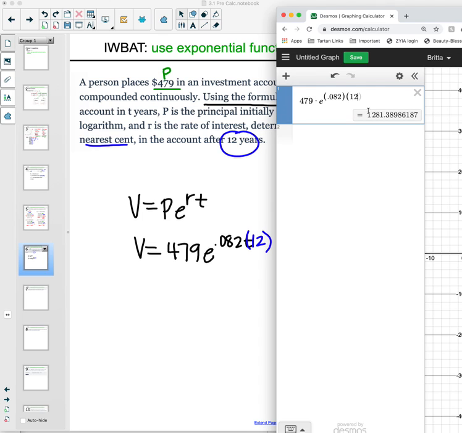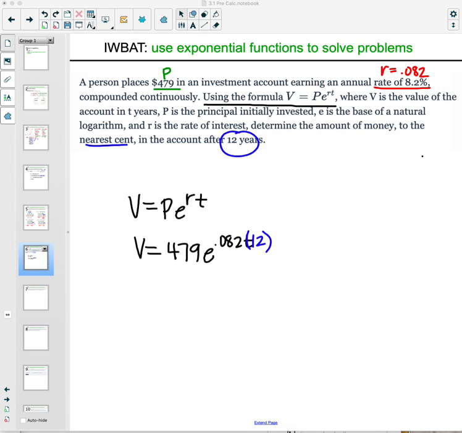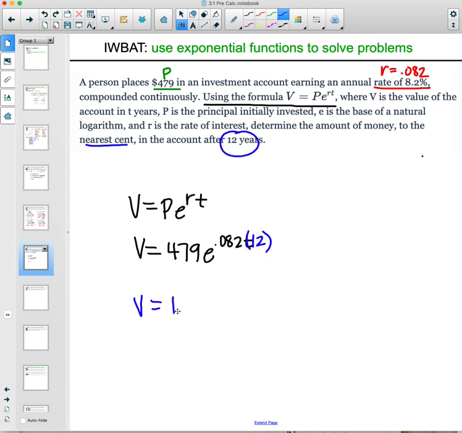And then it'll give you your final answer there. And then we want to round it to the nearest cent. So this will be $1,281.39. We'll round up to that 39 cents. So that's how much is in your account now after 12 years.